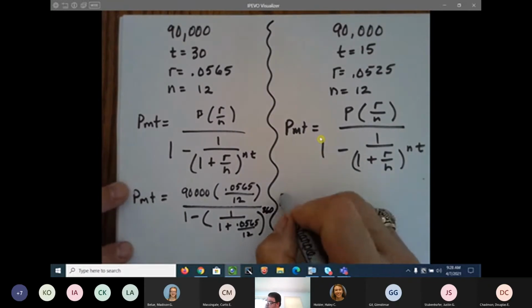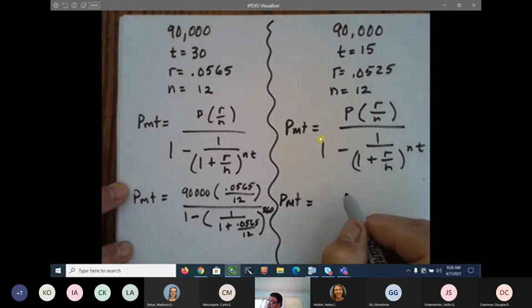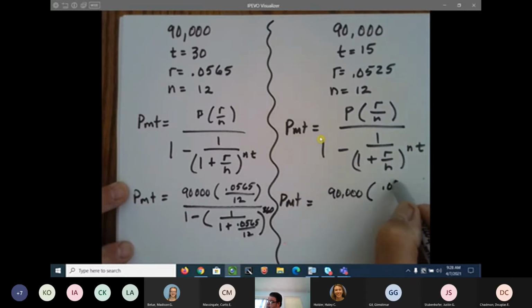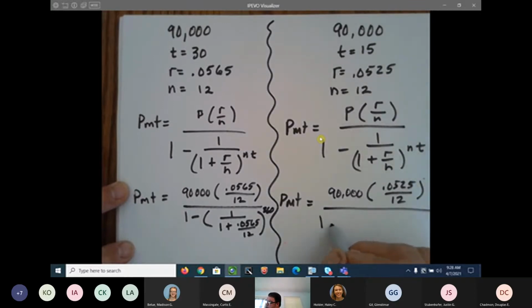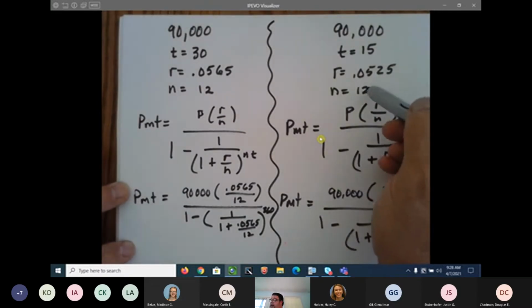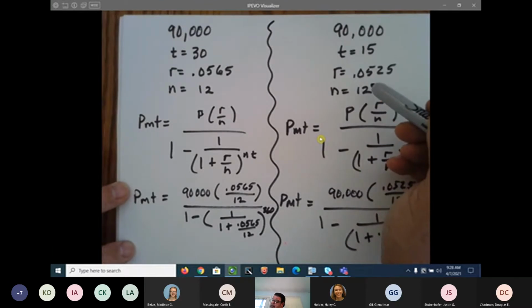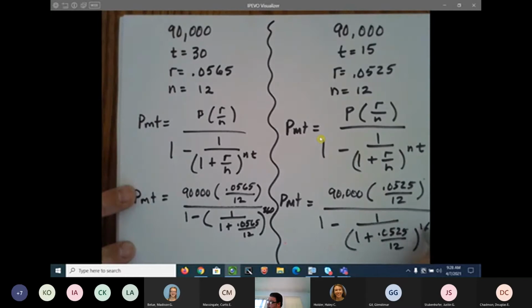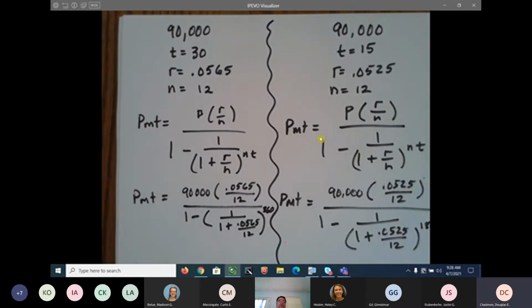And then over here, payment is equal to 90,000 times 0.0525 divided by 12 over 1 minus 1 over 1 plus 0.0525 divided by 12 raised to the 12 times 15. Well, 15 times 10 is 150 plus 30 is 180. Somebody check my math. You're correct. Okay, now start plugging and chugging.